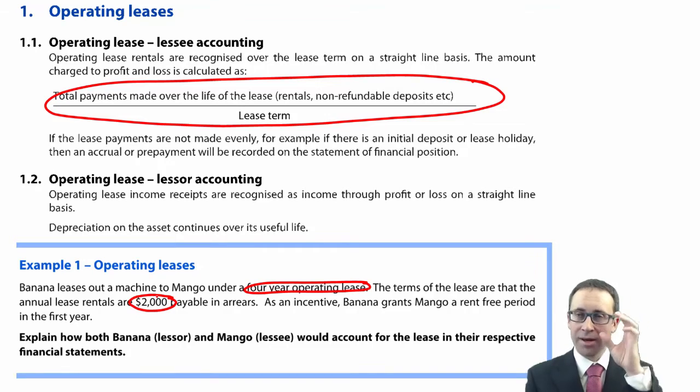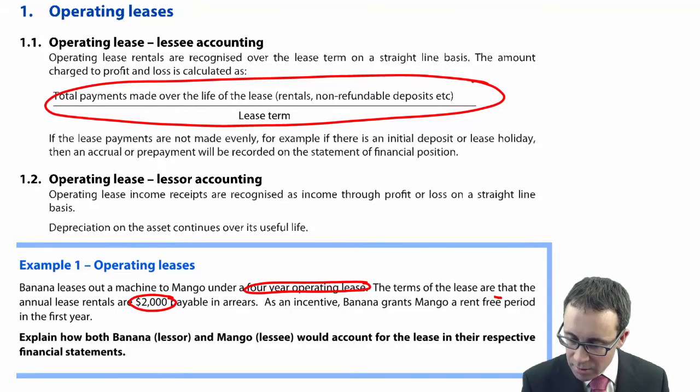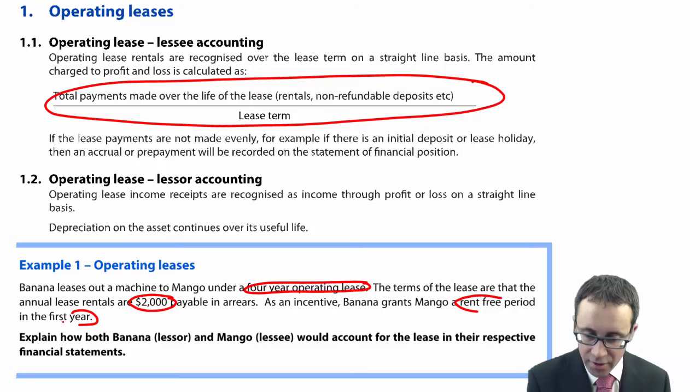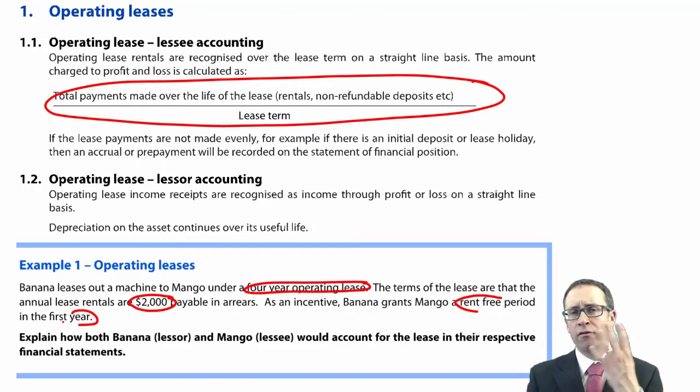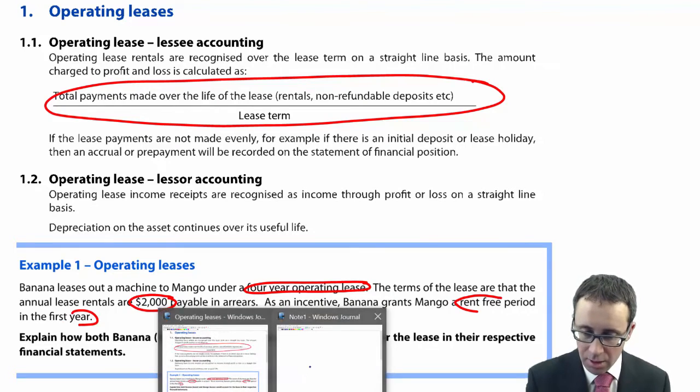We're not too worried about arrears or advance here; we're just looking at recording the expense. The key bit is that there is a rent-free period in the first year. So there are 4 years of the lease, but we don't make a payment in the first year, so we only make 3 years' worth of payments.